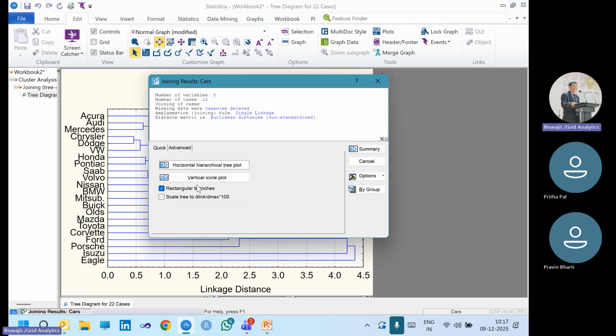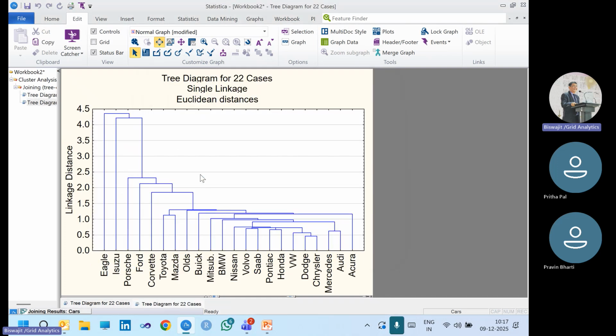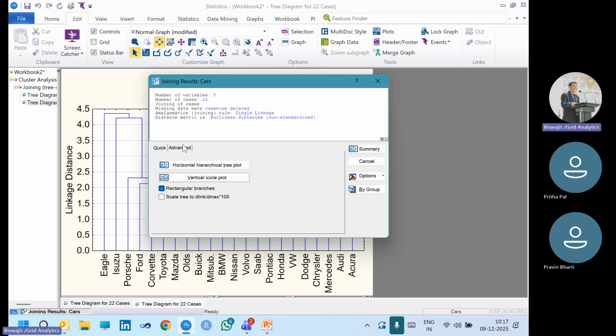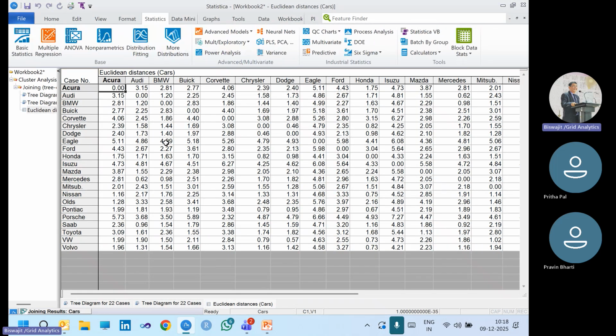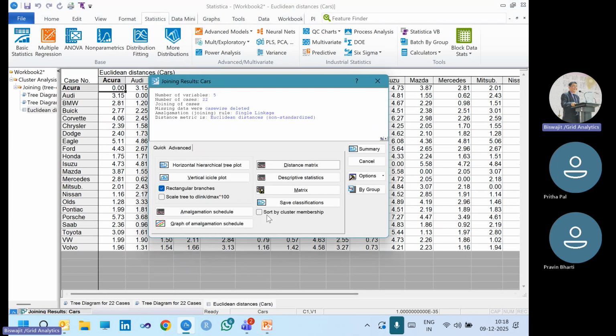In addition to the horizontal structure, another structure supported by Statistica is the vertical plot. In addition to the graphical methods, we have the numerical output also, which gives you all the distances calculated on the basis of the Euclidean distance. So very well, on the basis of the distance, you can figure out the clusters among the cars.